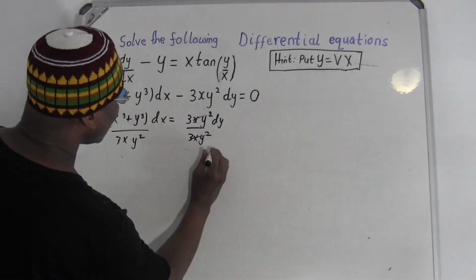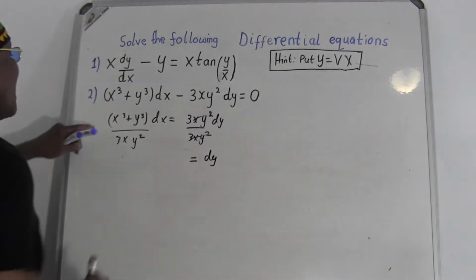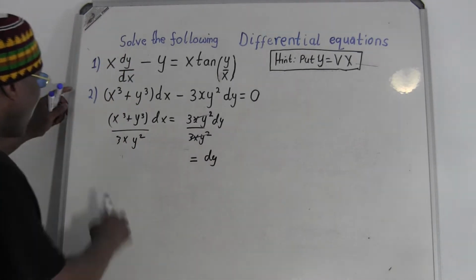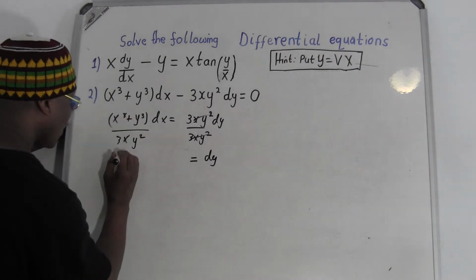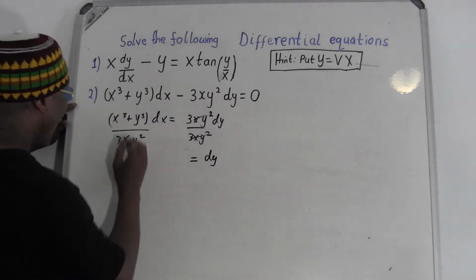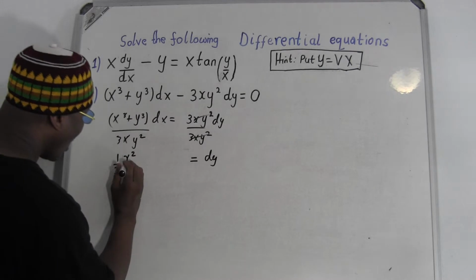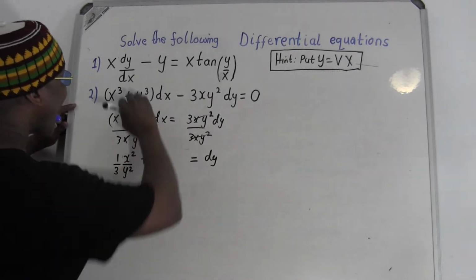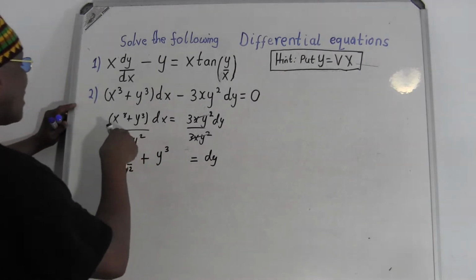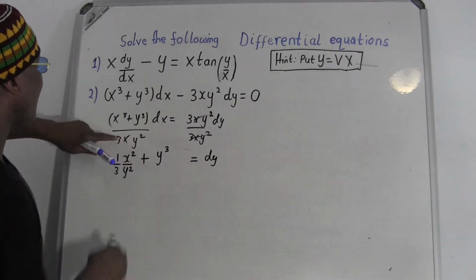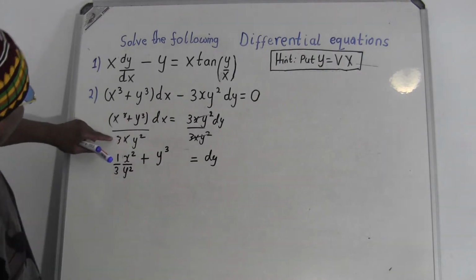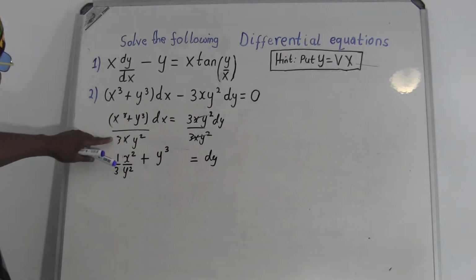Isn't this constant? So dy equal, now look, x cubed divided by 3x y squared. 1x and 1x is going to go. So I'll be left with 1 over 3 times x squared over y squared, plus y cubed over 3x y squared.